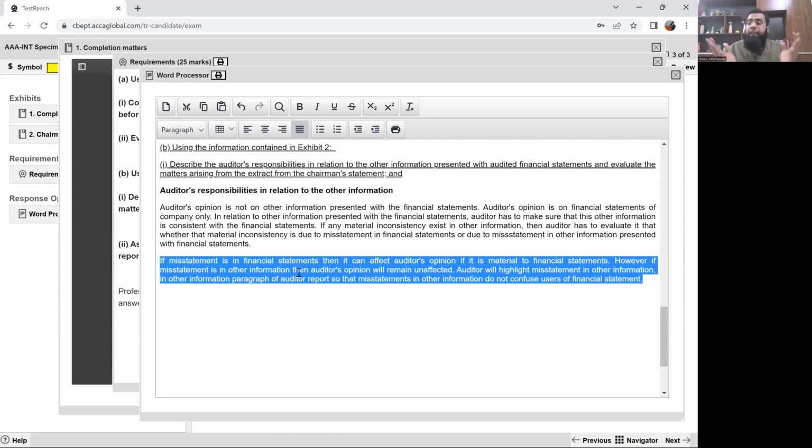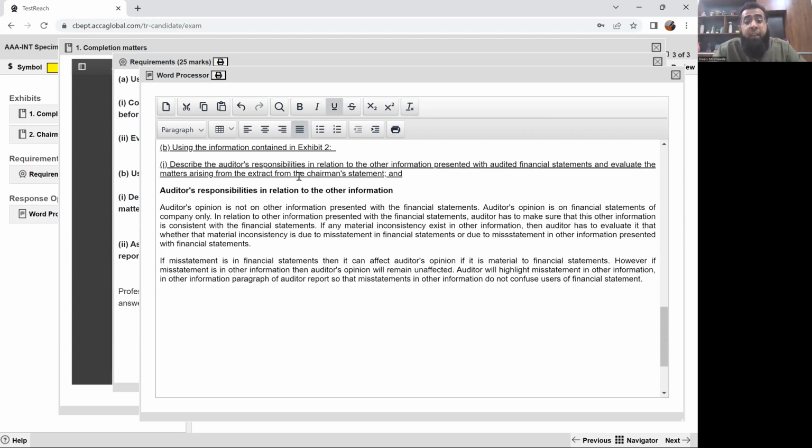See, what you need to understand is that the annual report is a big document. That document includes the chairman's statement, the directors' report, and everything. And it also includes the financial statements. The auditor's opinion is only on the financial statements, not on other miscellaneous information. Okay, now evaluate the matters arising from the extract from the chairman's statement.